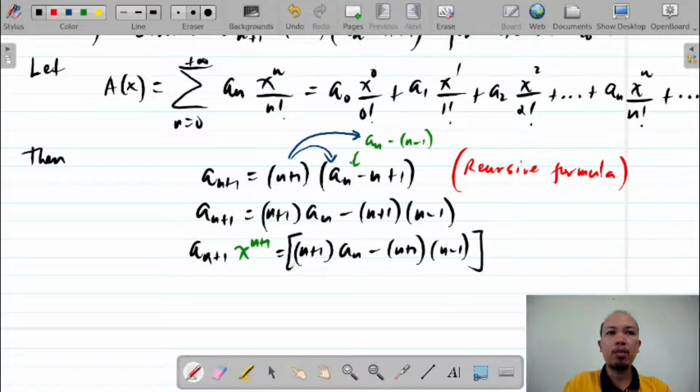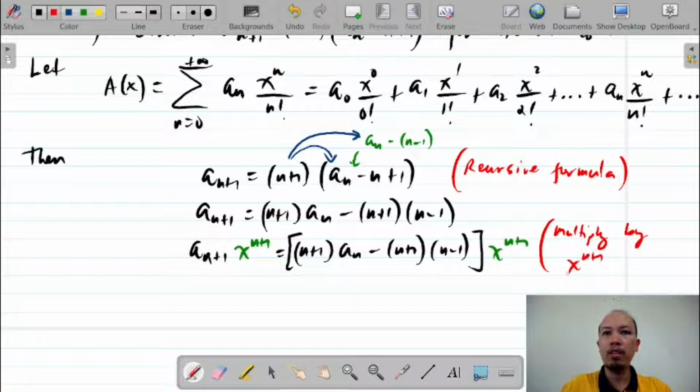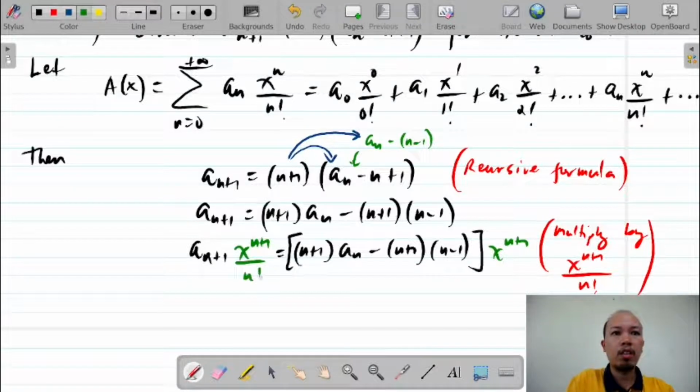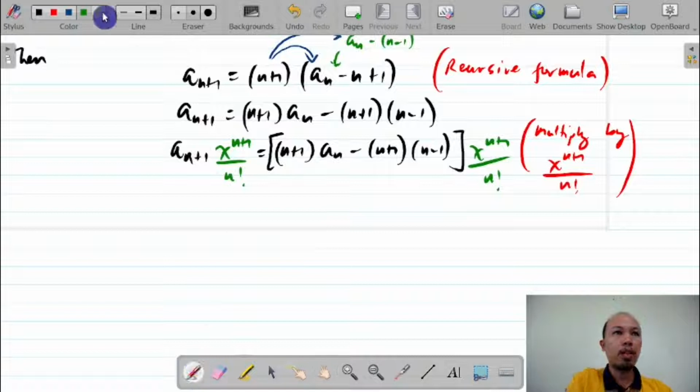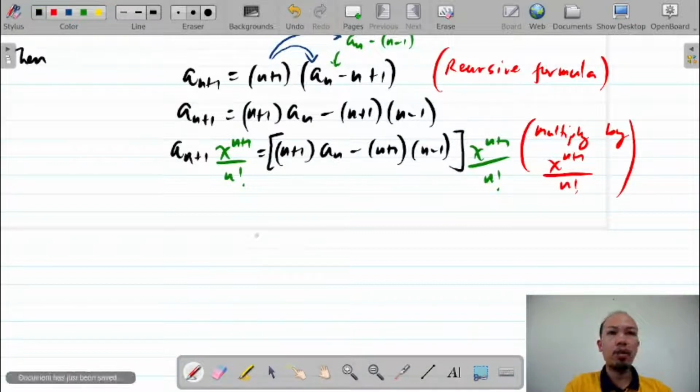We are going to multiply both sides by x to the n plus 1 over n factorial, since we are dealing with exponential generating function, and then we have to sum over all n where n starts from 0.